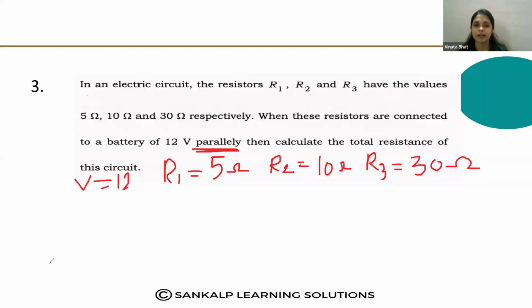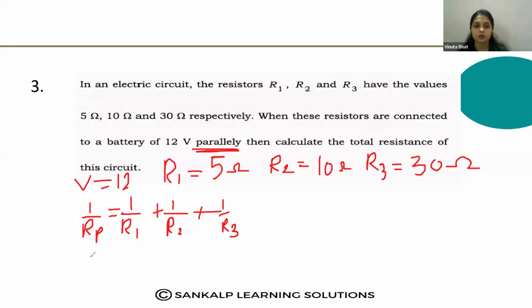When they are connected parallelly, to find out the total resistance, what you will do? You have to use the formula 1 by Rp is equal to 1 by R1 plus 1 by R2 plus 1 by R3.